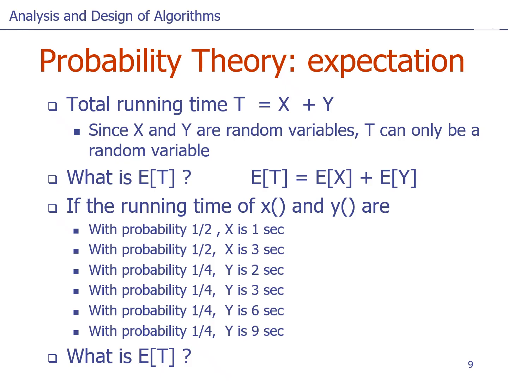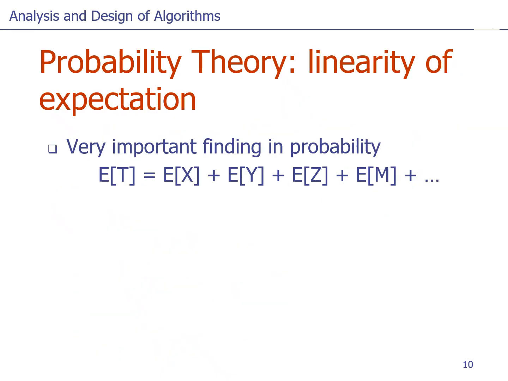Okay, so it's a great tool for us to use. And this is what we're trying to stress here. This is called linearity of expectation, that I could sum up the expected value of a number of variables, and that will give me the expected value of a variable that encompasses all of them.